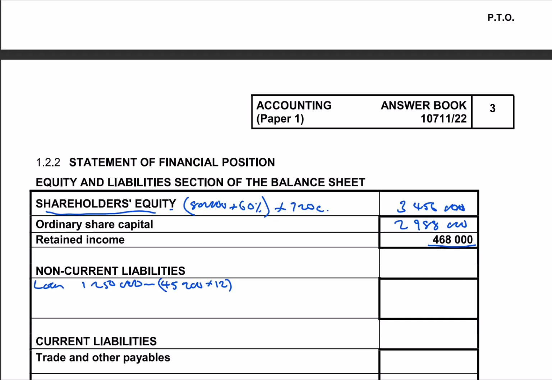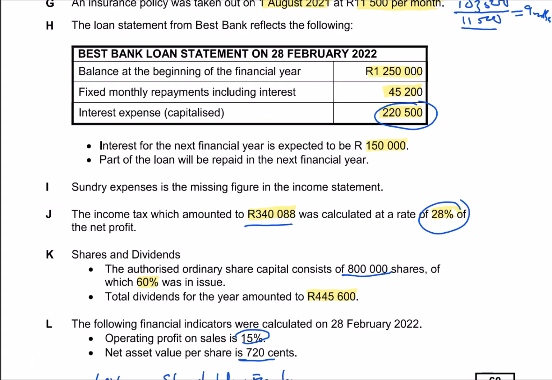Right, then these particular repayments include the interest. So you're going to say the total repayments, you subtract them, then plus the loan capitalized, which is 220,500.